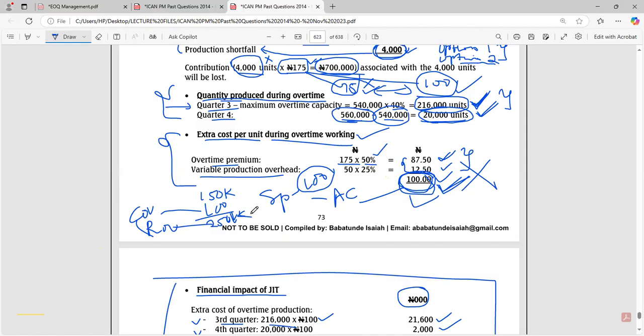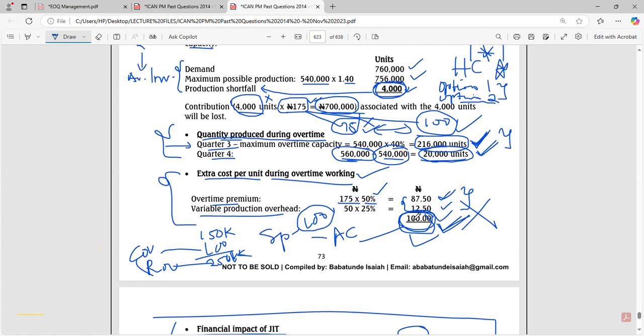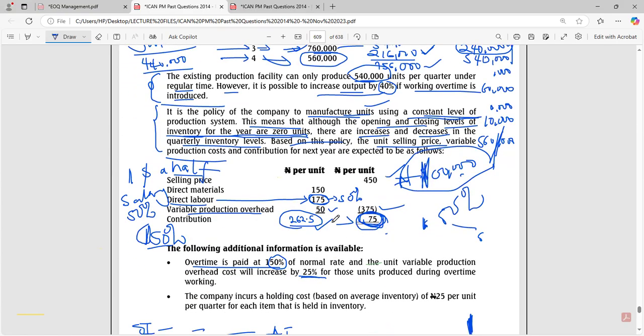That's why I'm using the word lose. You will lose. So even as the question is saying that you are incurring this cost, you are also losing it, because if you have incurred it, you will also have recovered it if you sold. Do you agree with me? Yes. So that is why I added this 100 naira plus this 75 naira.